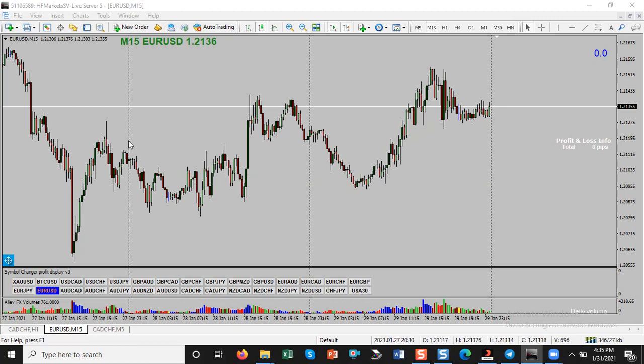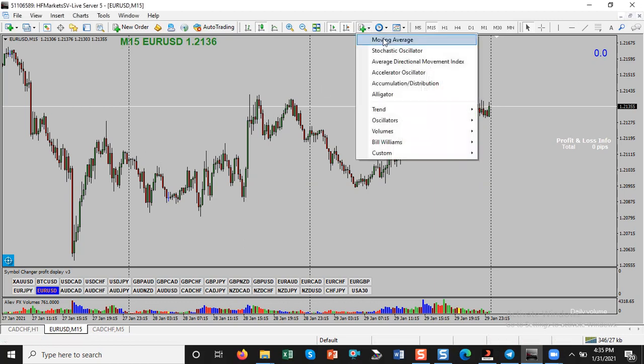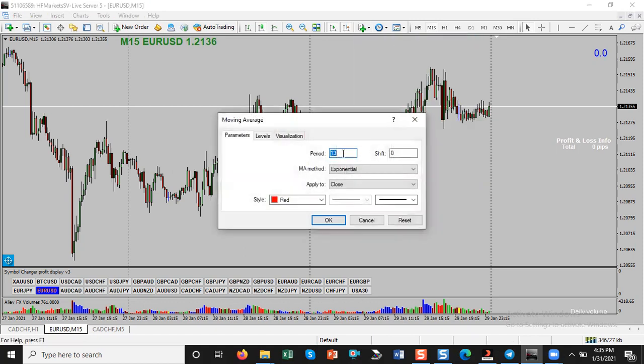All right. So the indicators we'll be using, first of all, we're going to be using the 13, the 50 and the 200 exponential moving averages. I already have the 13 here: 13 exponential, apply to close, color red.